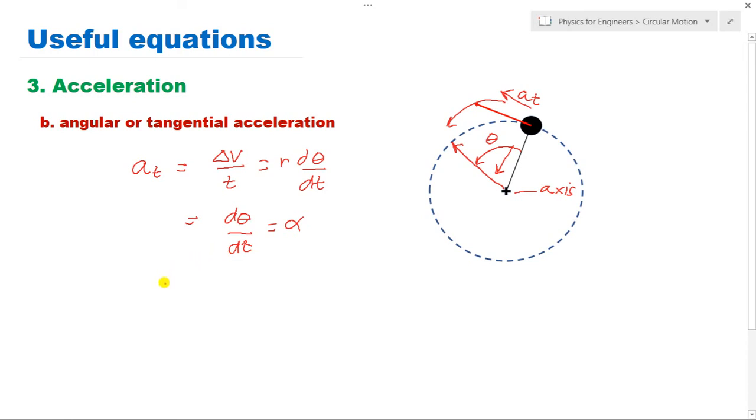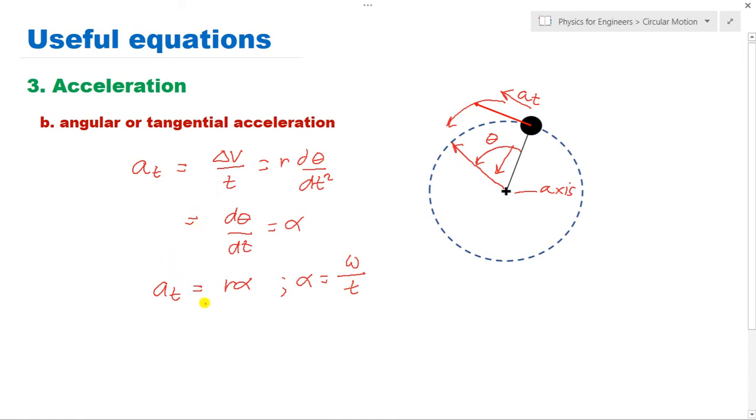So here, we can say that the tangential acceleration is just equal to r alpha, wherein alpha is equal to the rate of change of your angular velocity, d omega over dt, or omega over time. So omega over t is your alpha.